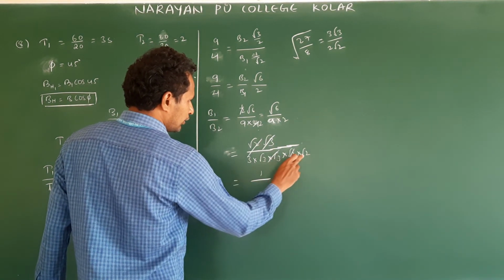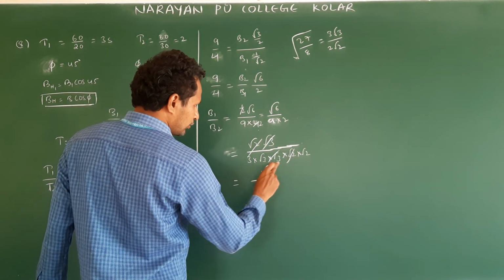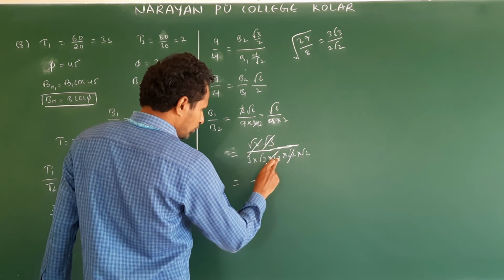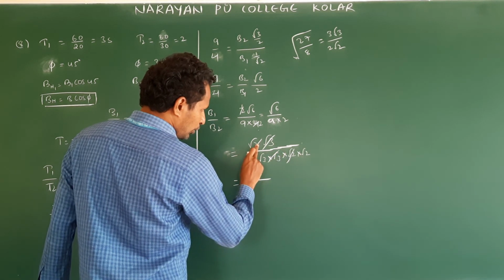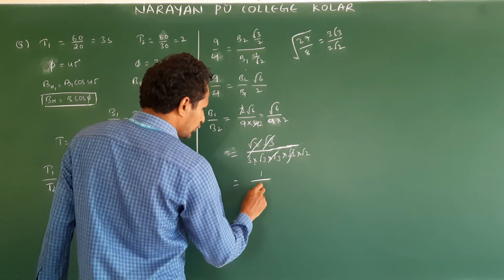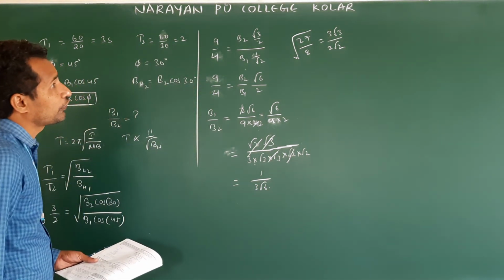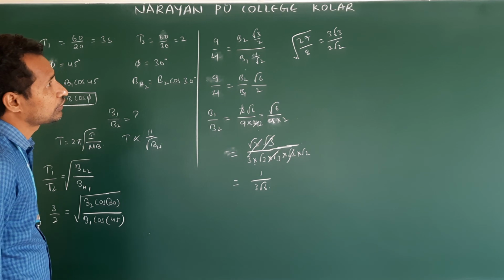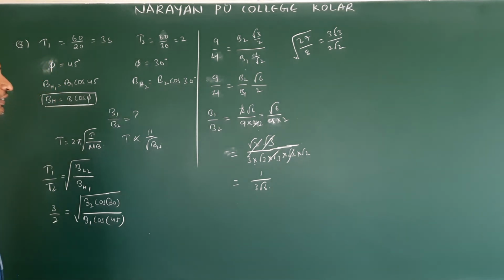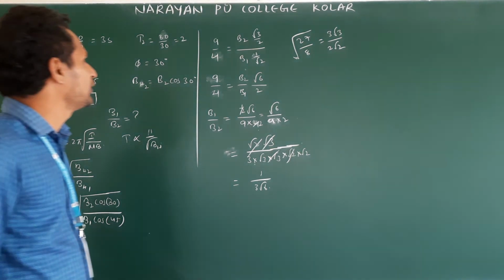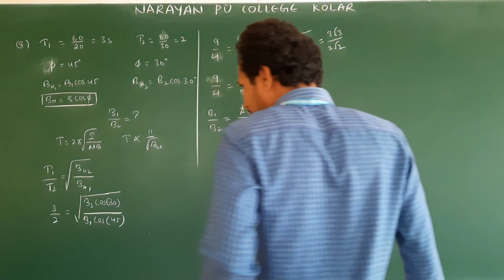We have 3 root 6. Or are we getting 3 root 6? Not getting. So there is a mistake in the calculation.